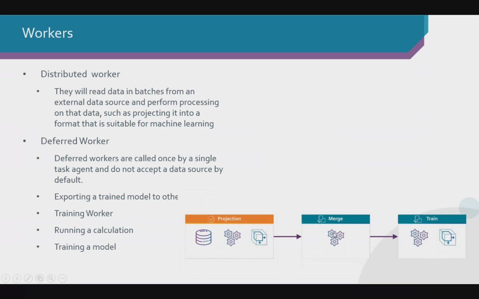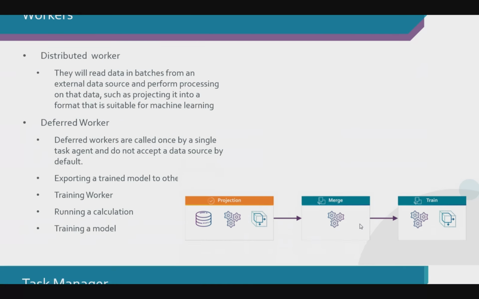Then we are combining it into a tabular format, or merging it with external or internal data sources, and then doing some more processing work to produce this trained model. So you can chain these tasks to get your final model.